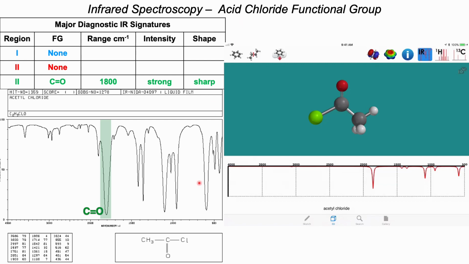An acid chloride is shown in this molecule, acetyl chloride. The carbonyl carbon is at oxidation state 3 of the sp2 hybridized carbon, and now it has a sigma bond to a chlorine.